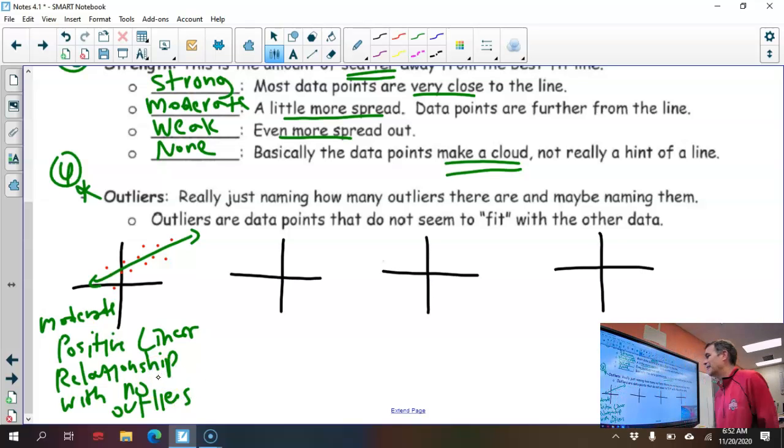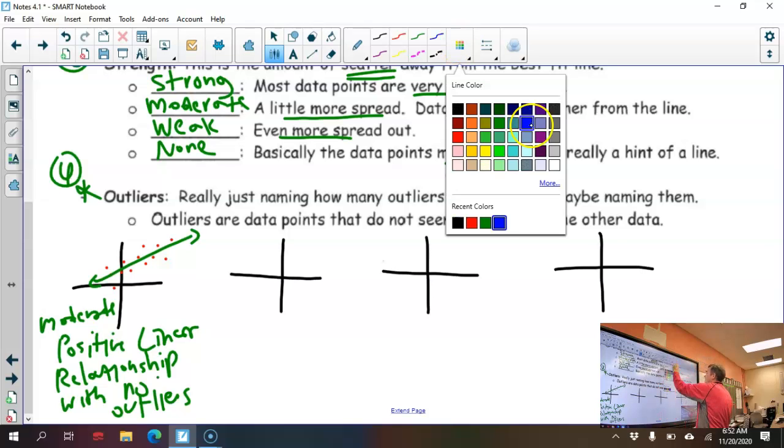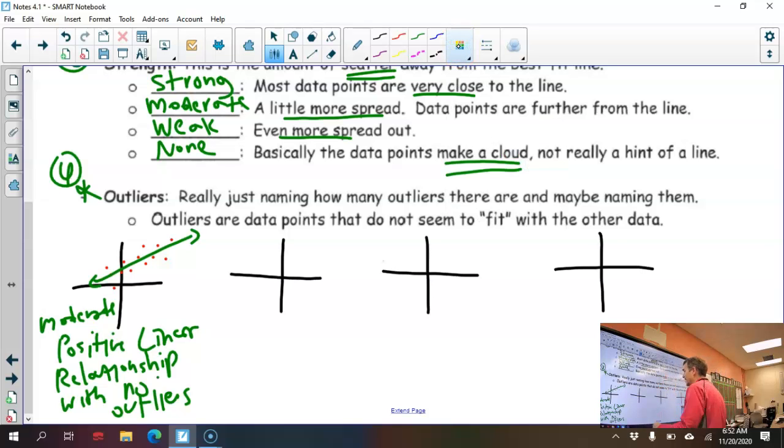That is what I would call that one. Moderate because the dots are a little bit spread out, but not much. And I think that's linear. And there are no outliers, and it's definitely positive because it goes up, right? The second one. Let's draw the second one so it looks like this.